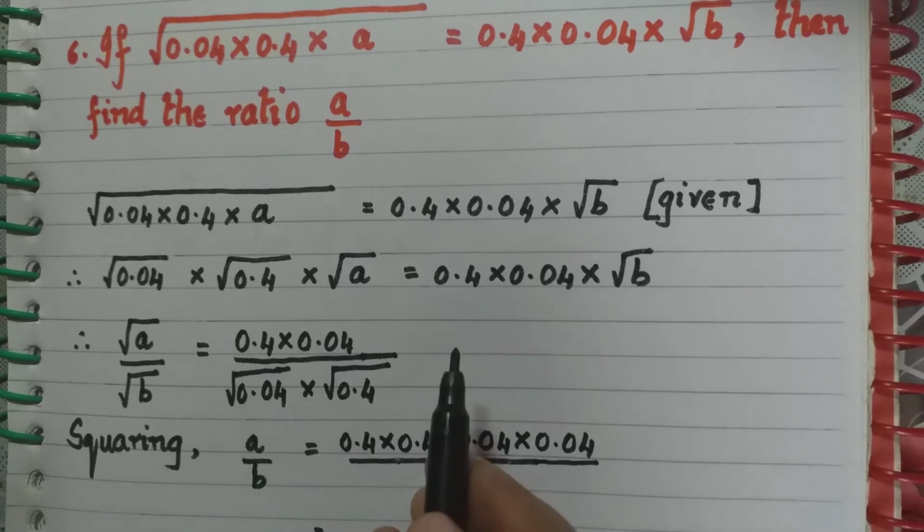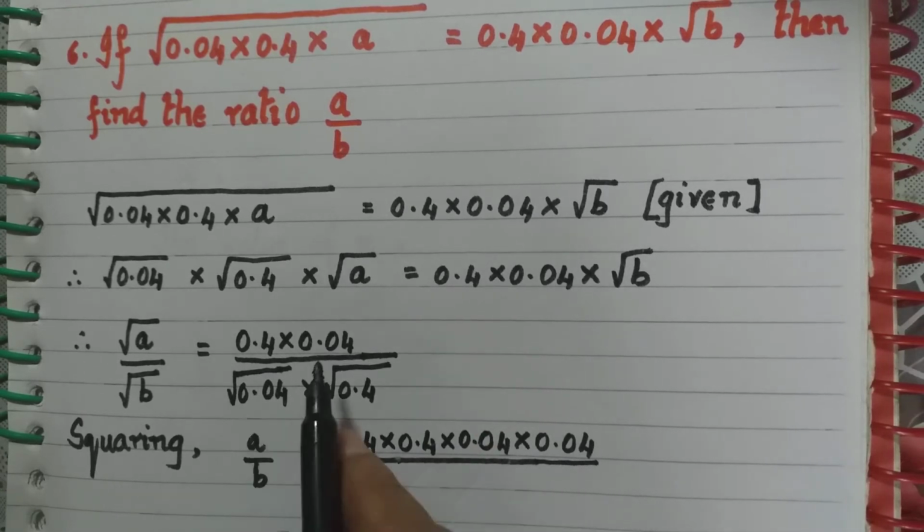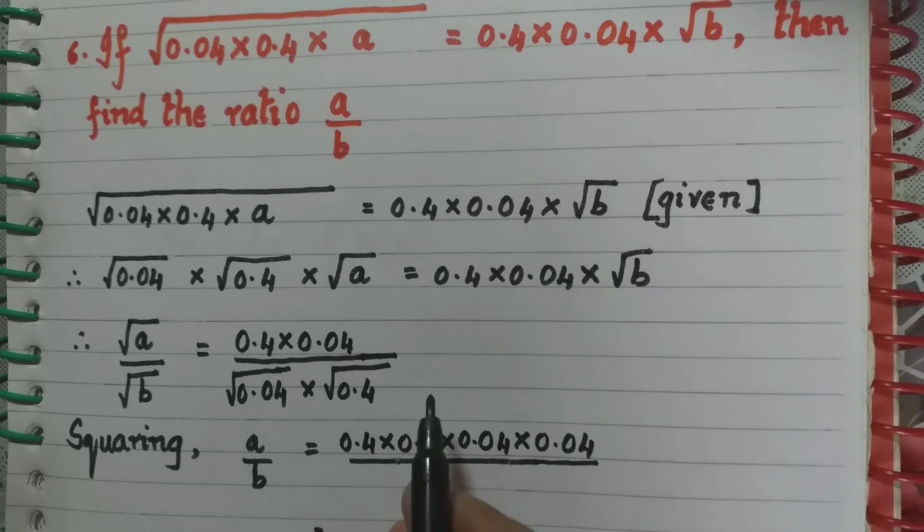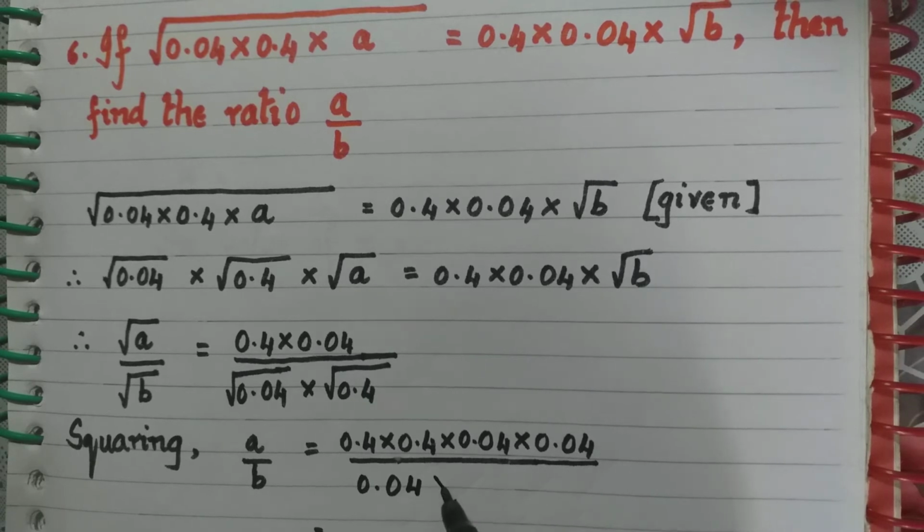So the square root sign goes off because square root 0.04 into square root 0.04 is just 0.04. Same way, square root 0.4 into square root 0.4 is just 0.4. So I write here 0.4.